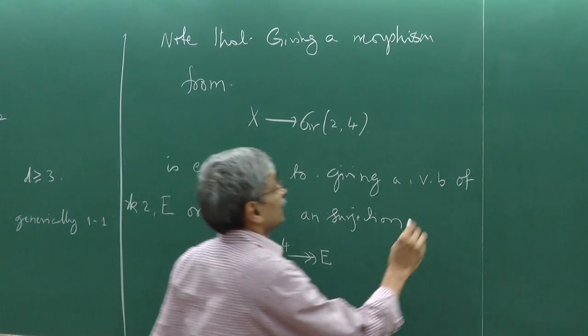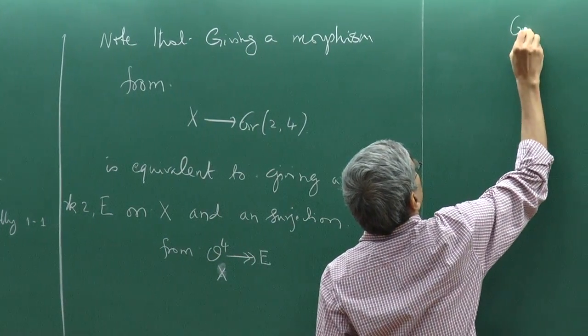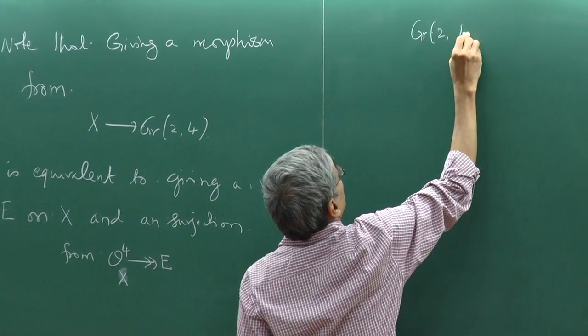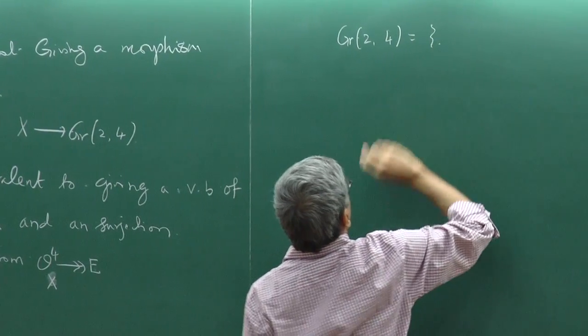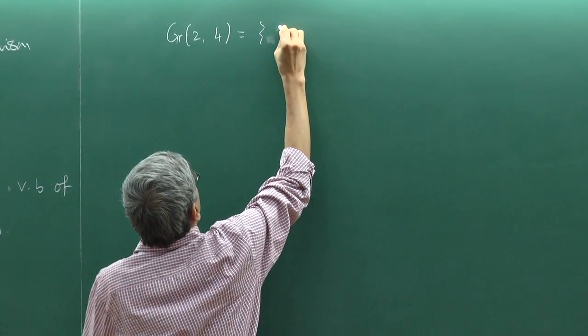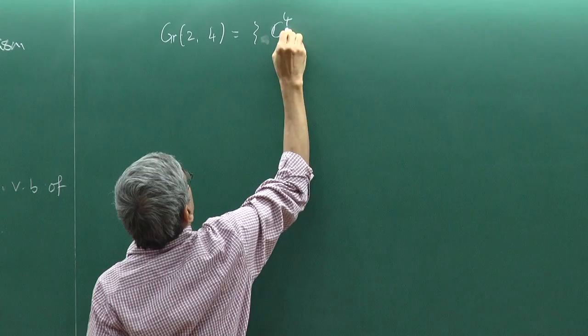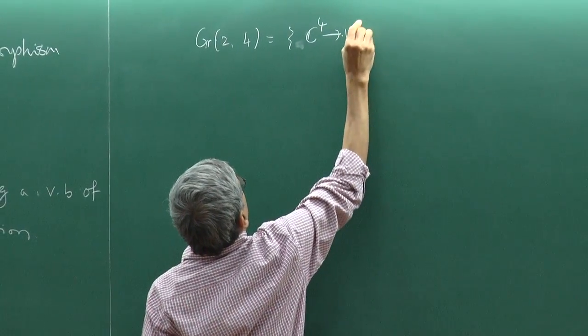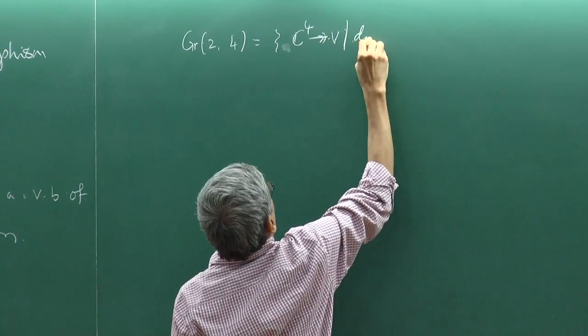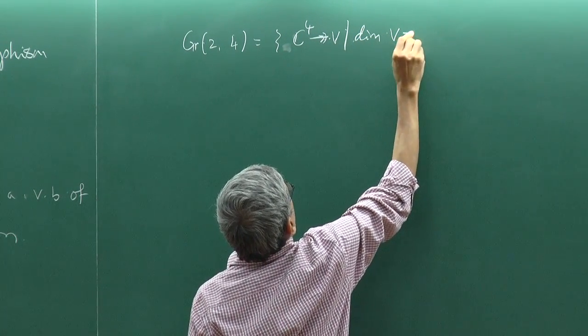By definition, GR24 is the set of all surjections C4 to V such that the dimension of V is 2.